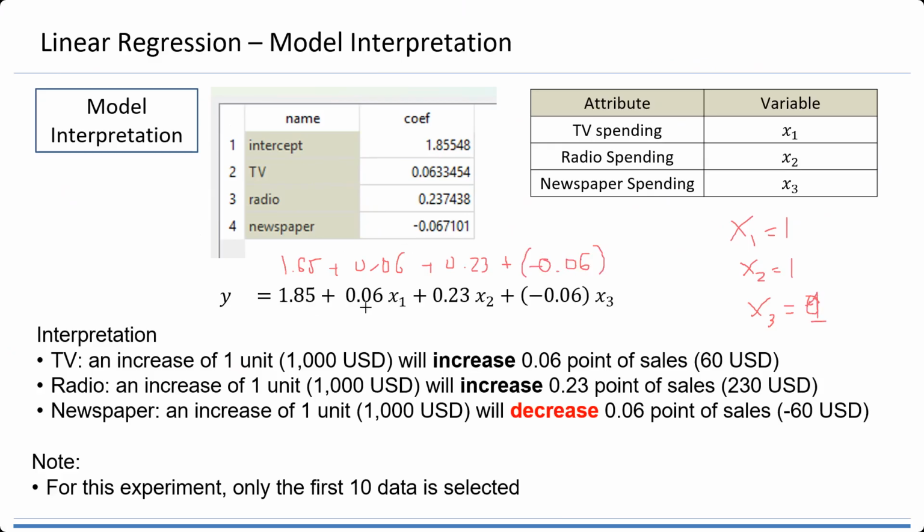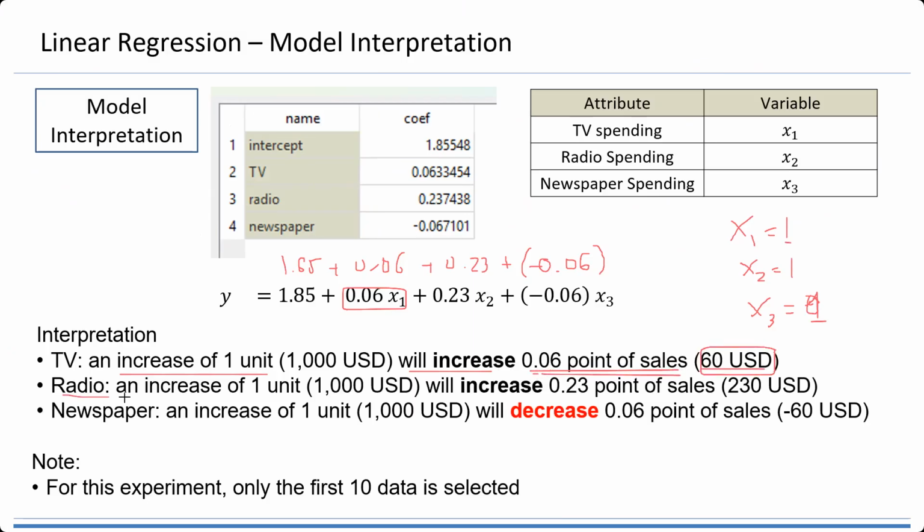It means if I spend a budget on TV, an increment of 1 unit will increase sales by 0.06 points. If it is in US dollars, then I can say this is 60 US dollars. So when you put your money on the TV, 1 unit or 1,000 US dollars, there is an increment of sales of 60 US dollars or 0.06 points of sales.